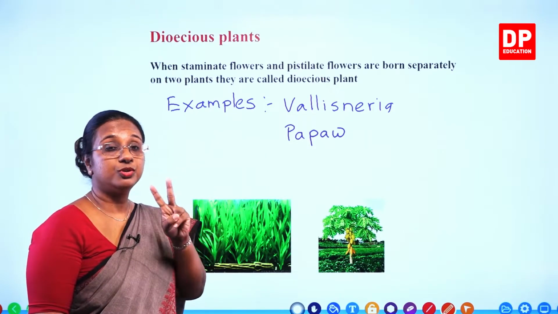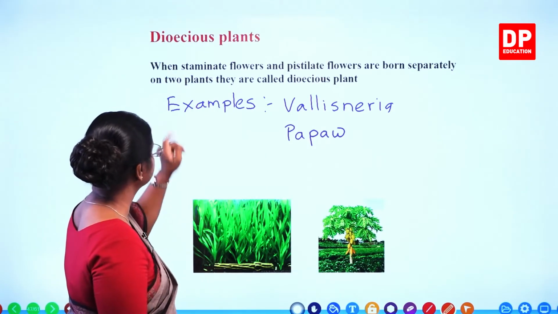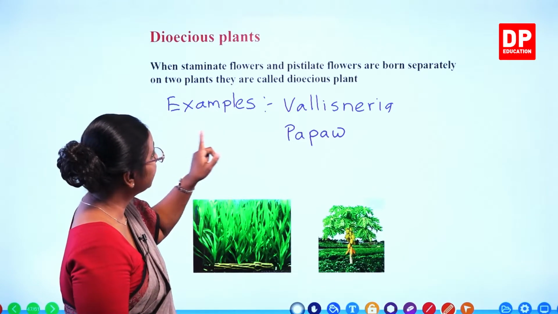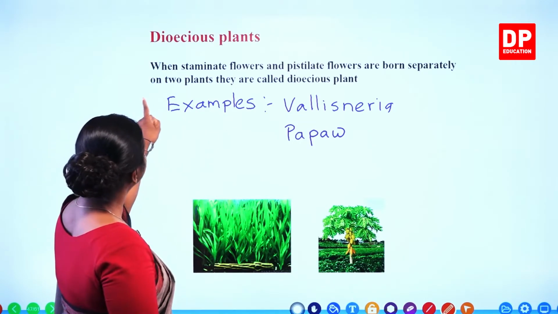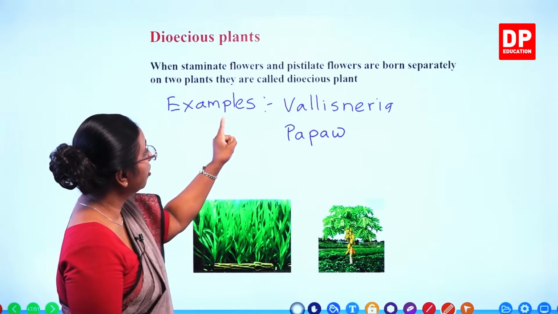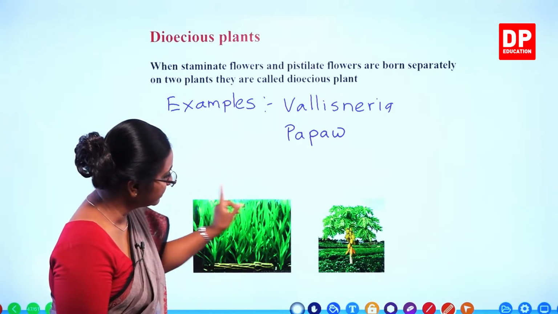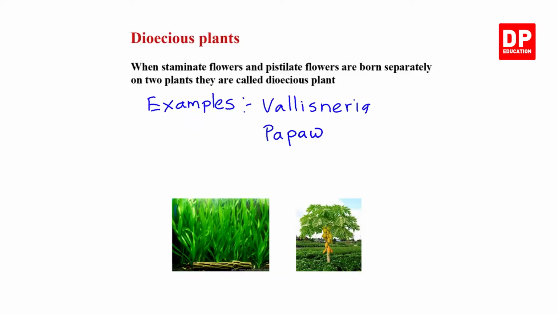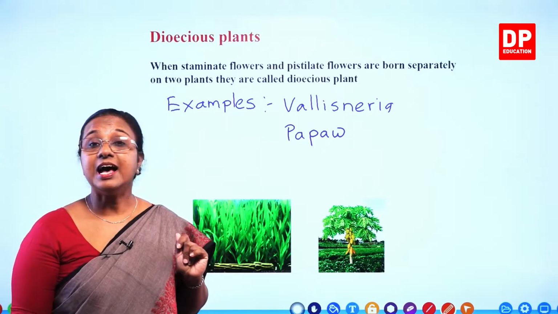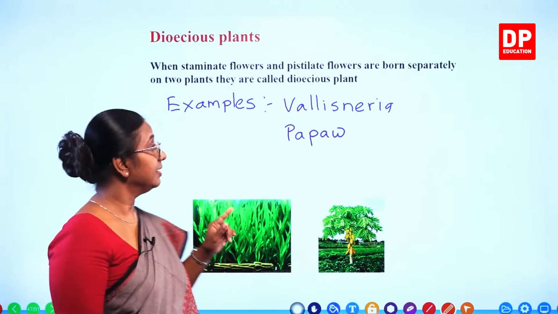Di means two. Dioecious plants. When staminate flowers and pistillate flowers are borne separately on two plants, they are called dioecious plants. Examples are, here you can see Vallisneria and pepper. I am sure you all can understand that clearly, students. With that, I will move on to the next slide.